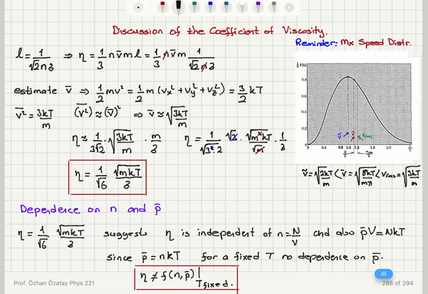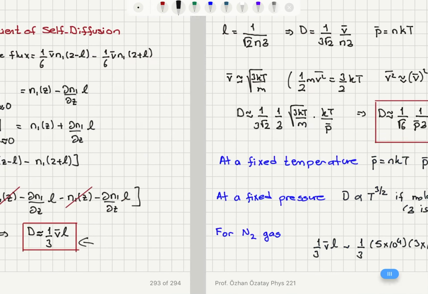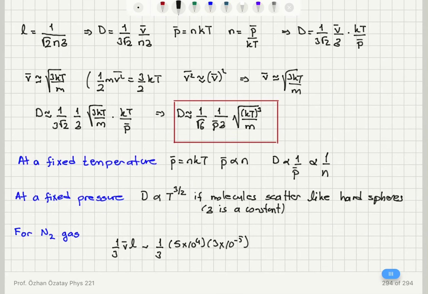Okay, so we're taking these typical values for nitrogen now, and we can use these values to estimate the coefficient of self-diffusion, and this is going to give us approximately 0.5 centimeters square per second. So that's a typical value.